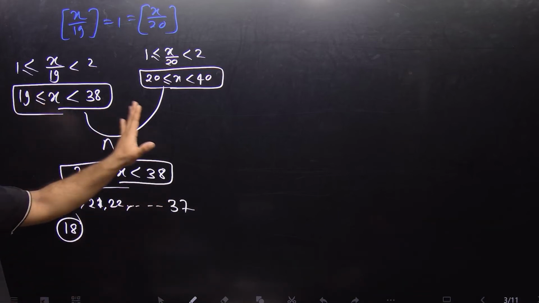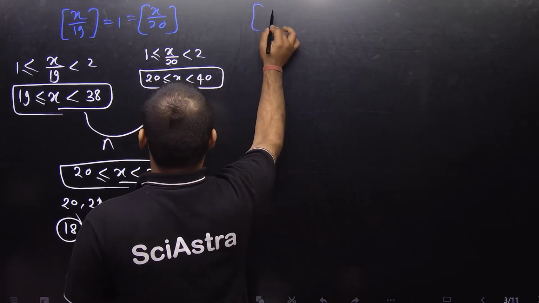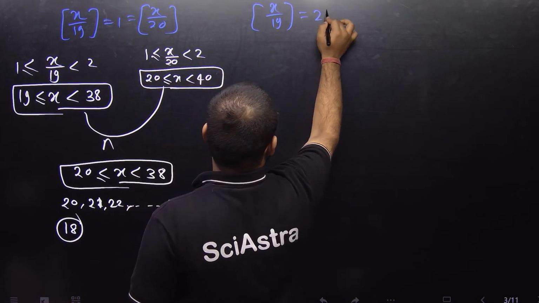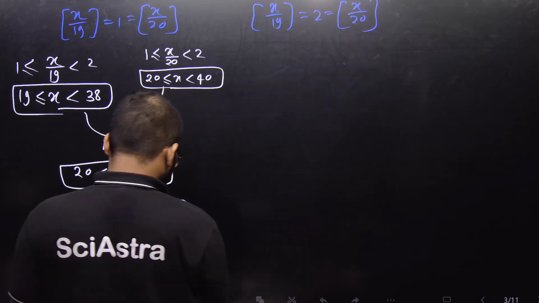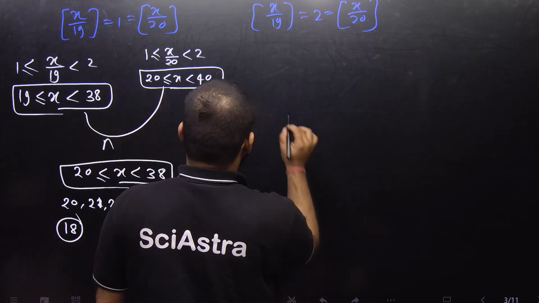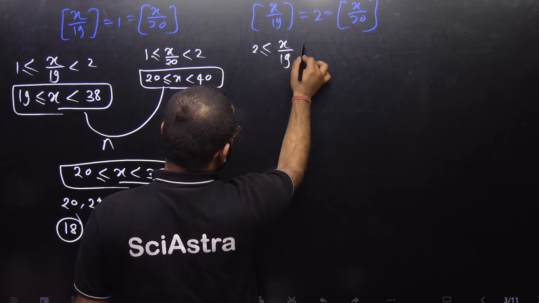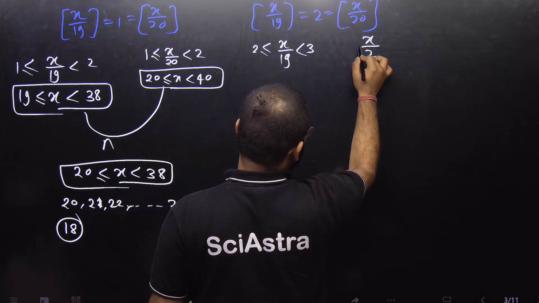All right. So let's take another case, and after that we generalize. So floor of x by 19 equal to 2 and that's equal to floor of x by 20, and also x by 20 lies between 2 to open 3.